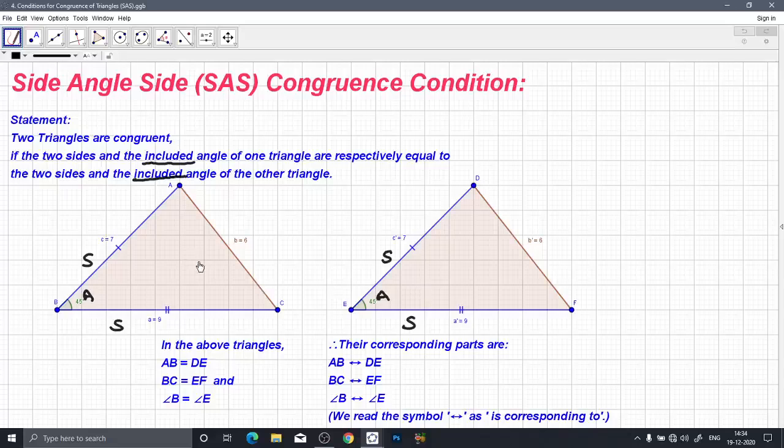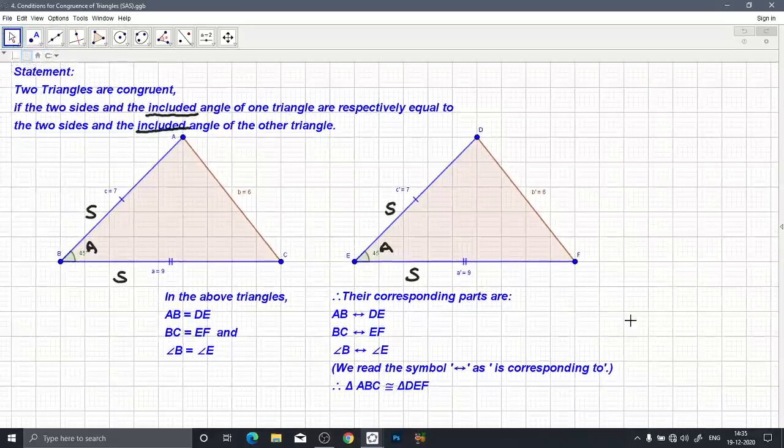So now which are the corresponding sides and angles here? AB corresponds to DE, BC corresponds to EF, and angle B corresponds to angle E. So by the congruence condition of side angle side, triangle ABC is congruent to triangle DEF.